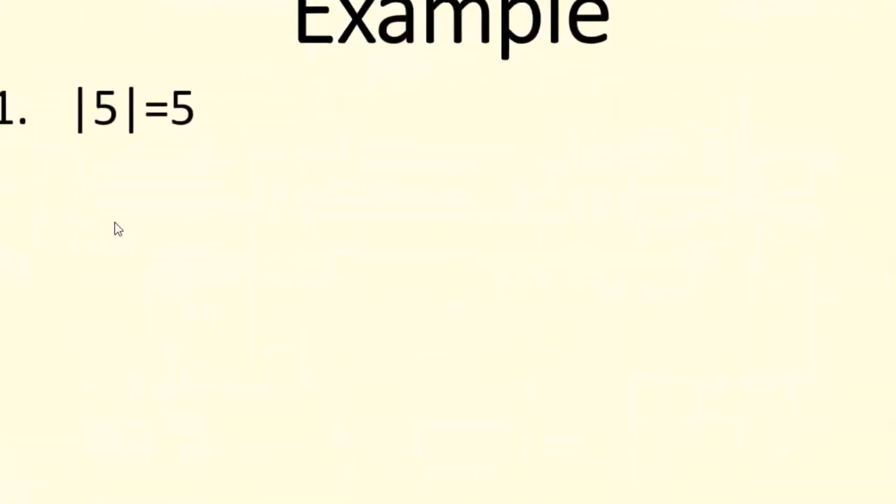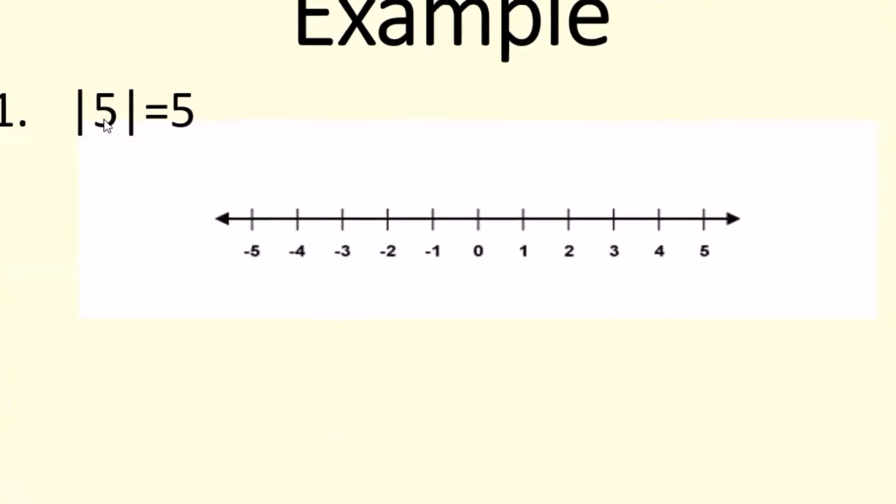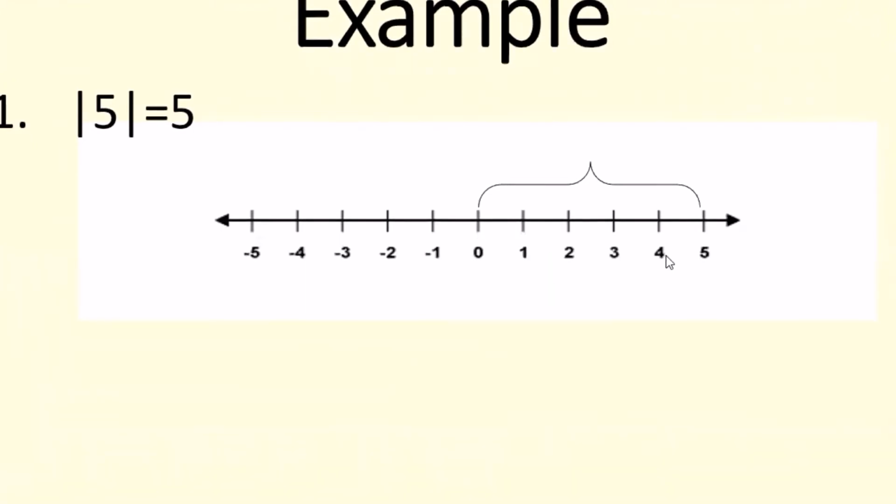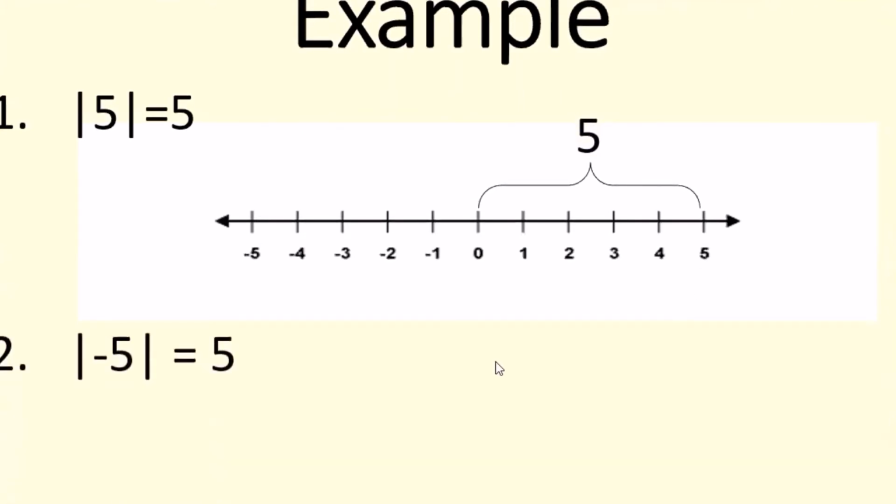Example, absolute value of 5. So remove or disregard the absolute value sign and the sign. So it is equal to 5. Using number line, because this is positive 5, from 0 going to 5. So let us count the number of units. 1, 2, 3, 4, 5. Another example, so absolute value of negative 5 is equal to 5.